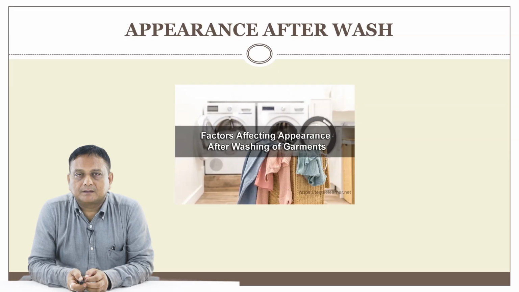Those are covered under appearance after wash. Normally the appearance after wash will determine whether that particular temperature was suitable for washing the garment, or a particular method of bleaching or ironing was suitable. Those are the factors involved.